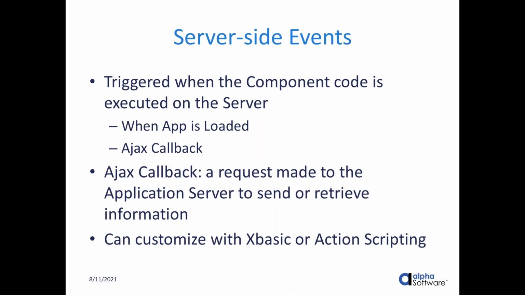An AJAX callback is really any kind of request sent to your application server to either upload information or download information. It can also be used to trigger a workflow. Maybe you've got a routine that runs on a database somewhere, and you use a callback to trigger that. That's sending information to say start this process.